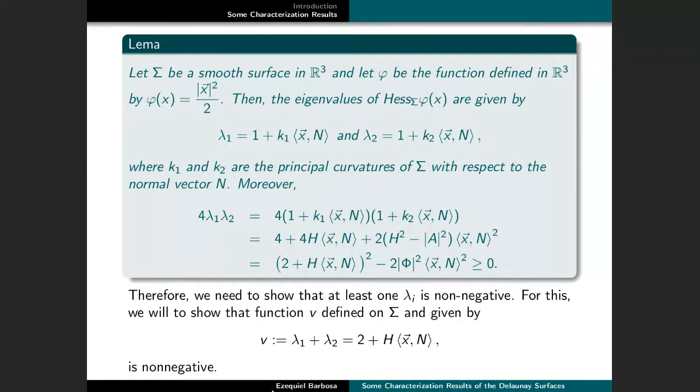If we assume this function here changes sign, we will find one point where this function is 0, and then this sum here is 0 in this point. And this will imply that this point where this function is 0 is an umbilic point of the surface.